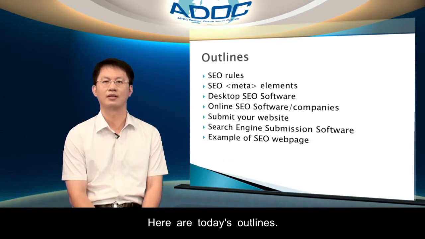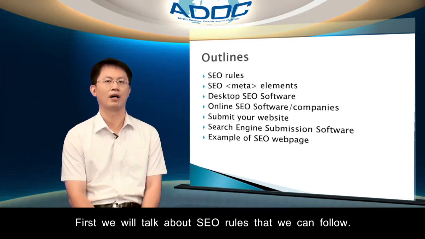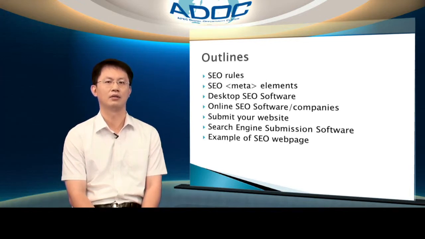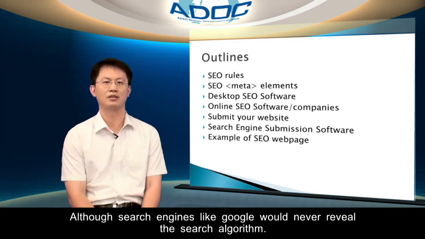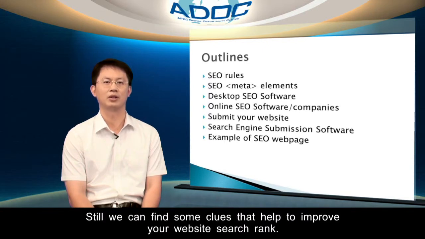And here are today's outlines. First, we will talk about SEO rules that we can follow. Although search engines like Google would never reveal their search algorithms, still we can find some clues that help to improve your web search rank.